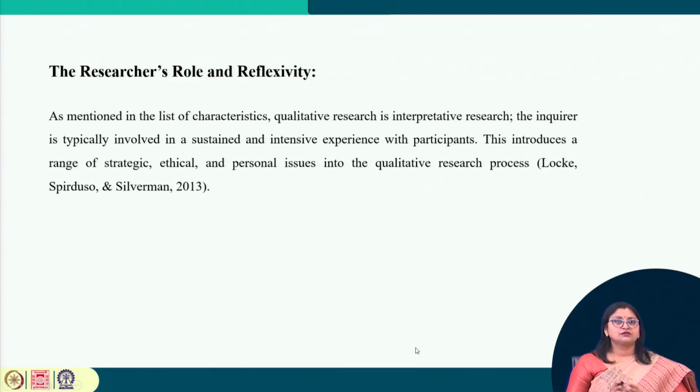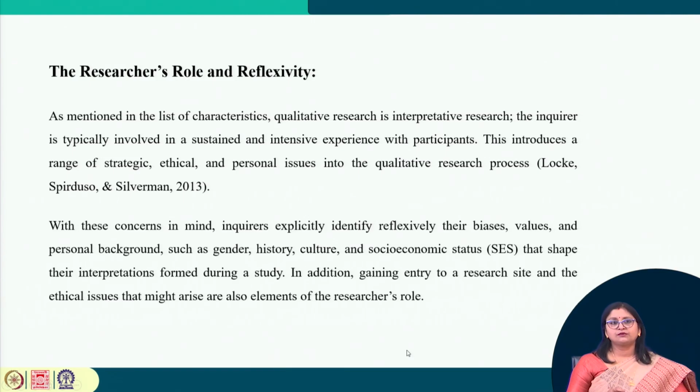Now we will talk about the researcher's role and reflexivity. As mentioned in the list of characteristics also, qualitative research is interpretive research. The inquirer is typically involved in sustained and intensive experience with the participants. This introduces a range of strategic, ethical and personal issues into the qualitative research process, said Locke and colleagues.